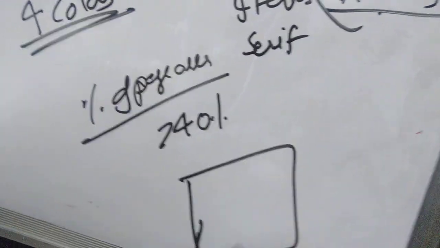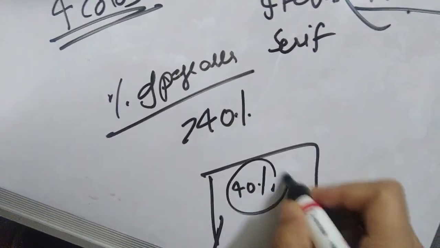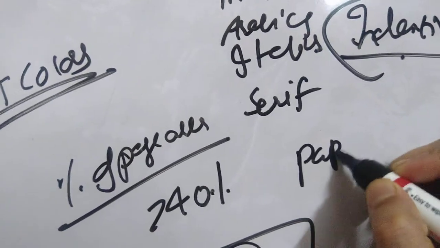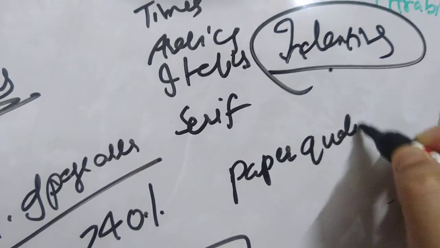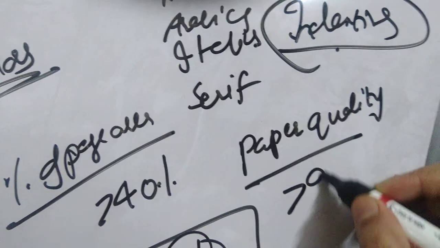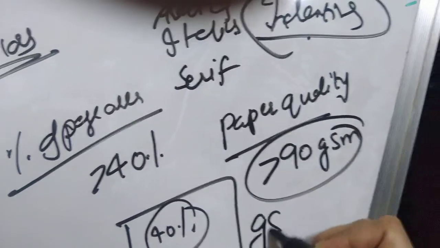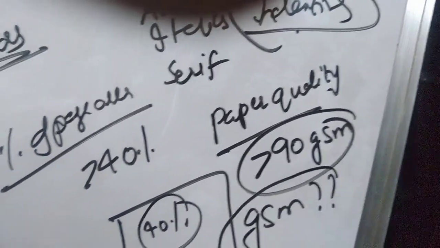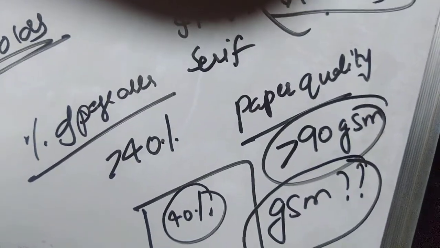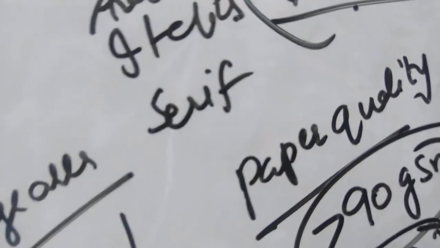That means suppose this is a 100% paper, then 40% of the white space should be left. And the paper quality should be greater than 90 GSM. I want you to find out what you mean by GSM. In the next class you are going to tell me what GSM means. So the paper quality used should be greater than 90 GSM.